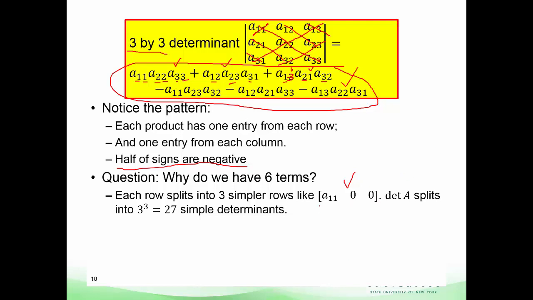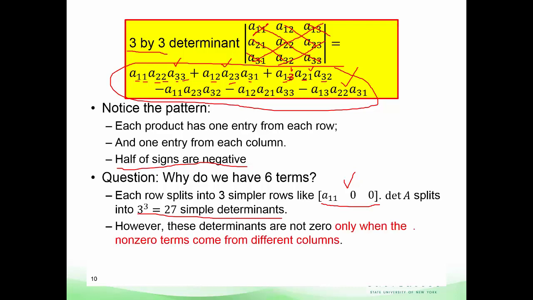Then it'll be 0, A12, 0, and so on. So 3 terms, each one with just a single non-zero element. And then we would have to do the second row split that way, and do the third row split that way. So we end up with 3 to the 3, or 27 simple determinants.